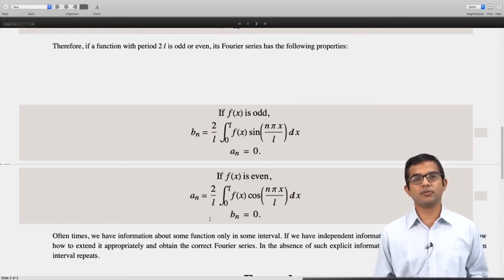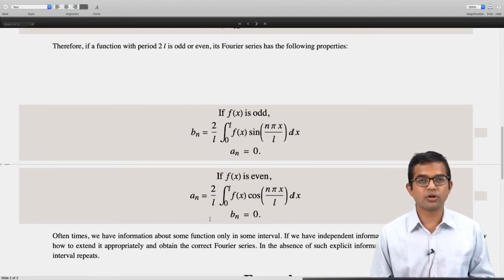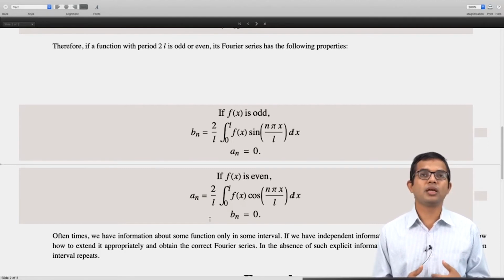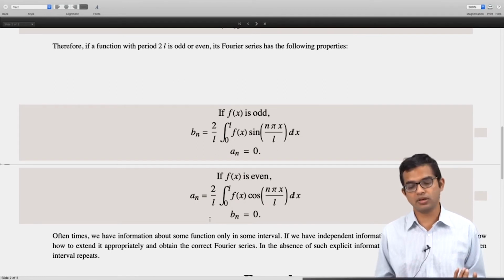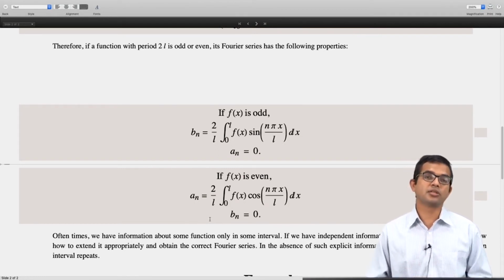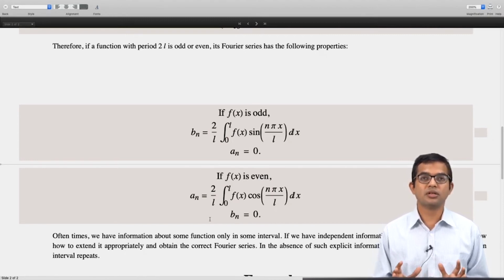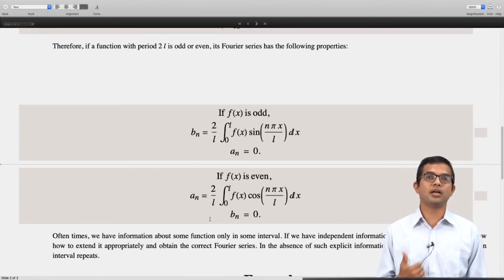But given information about a function in some interval, we can extend this function such that the function is odd, or you may extend this function such that it's even, or sometimes it makes sense to just take the given information itself as the period and repeat it, right?